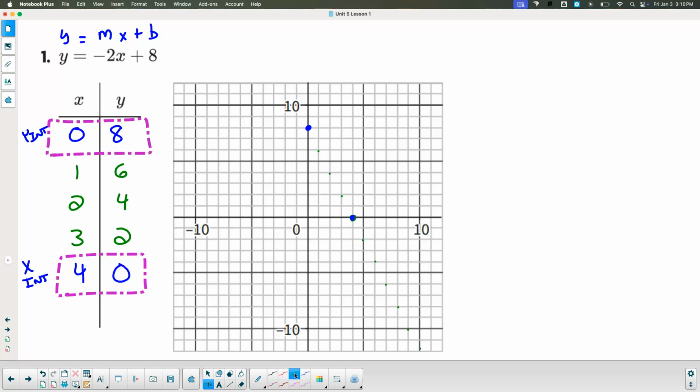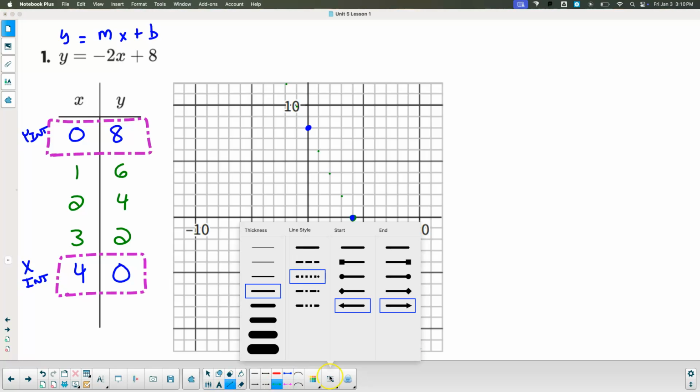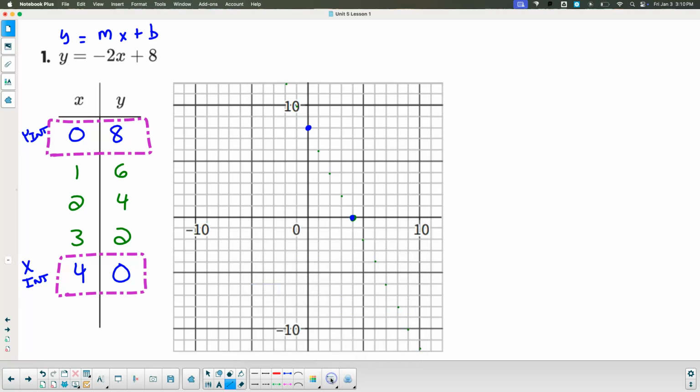Because remember, we want these to go all the way across our graphs. Then we connect them with a nice straight line. And then we could always go back and identify it on our graph right there and right there.